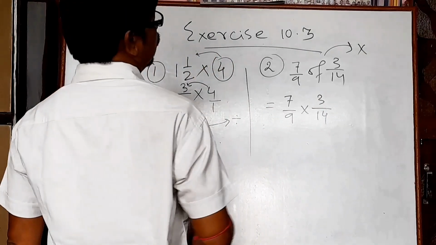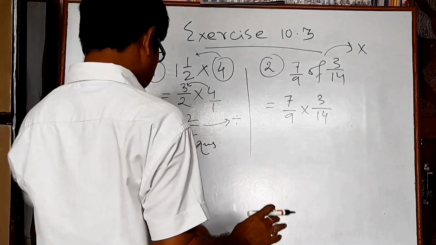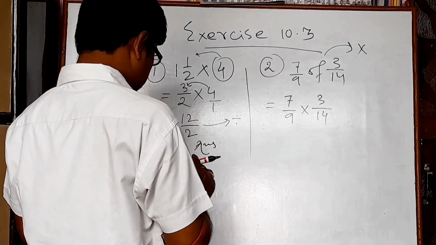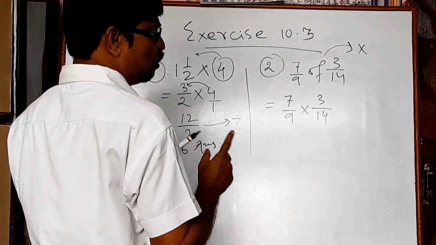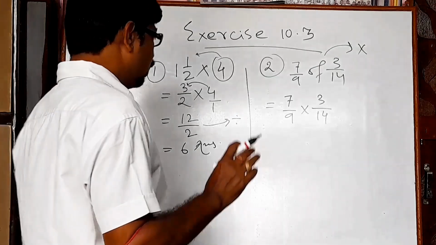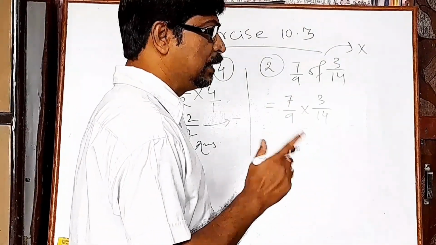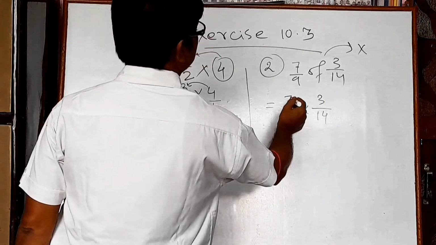You can cancel it. Now at this stage you should know how to cancel one number with the other number. Many a time I have discussed how to cancel. We have to divide both the numbers with the same number, a common number. For example, suppose 7 and 14.